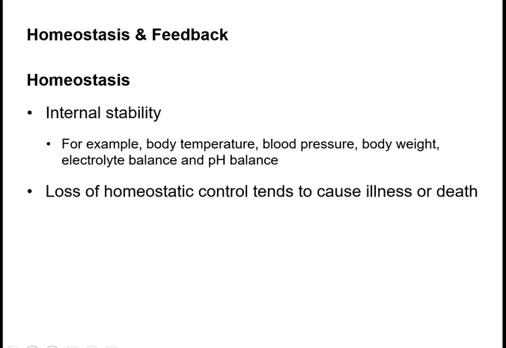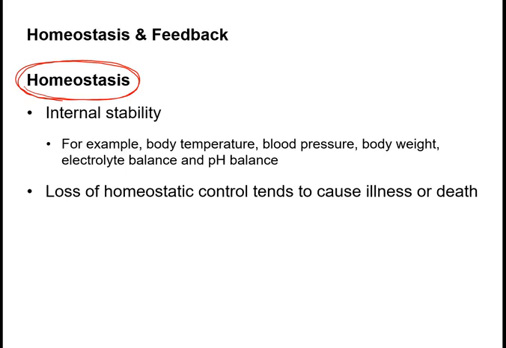So now let's look at that very important term, homeostasis, and understand how we maintain homeostasis through different types of feedback loops in our body. Homeostasis is the body's attempt to maintain an internal stability. Homeostasis does not mean that there is not a change.